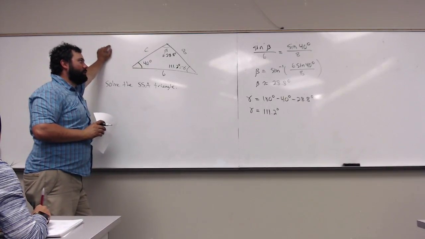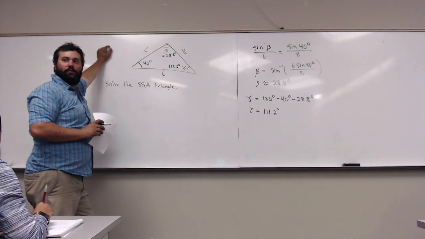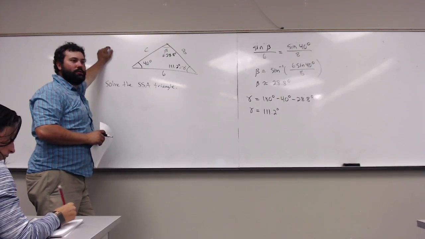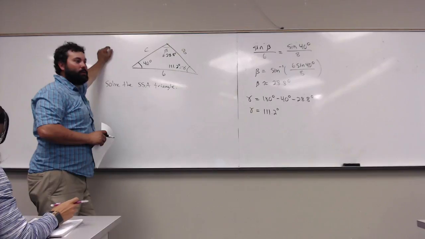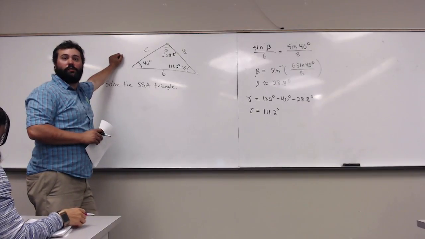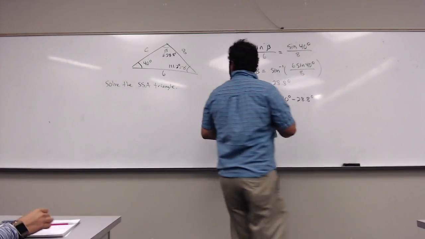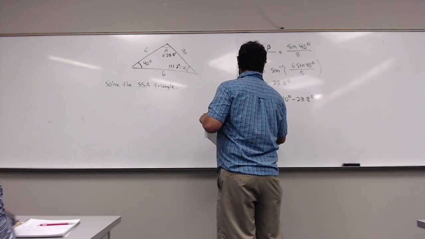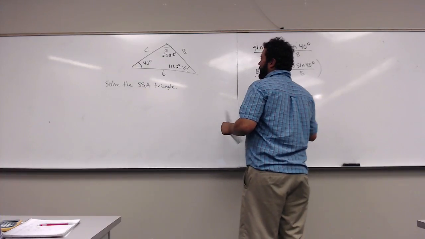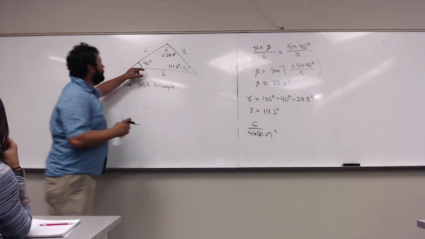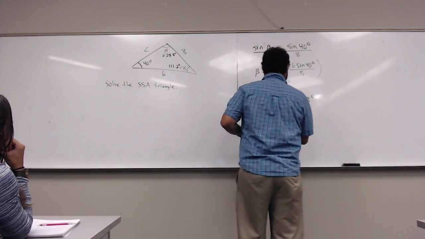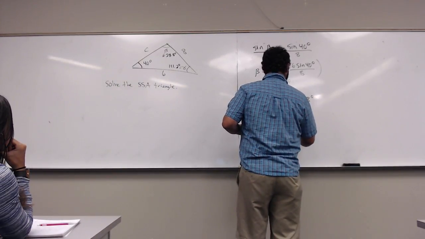Now, could I technically use law of cosines here if I wanted to? Yeah, I could, but really there's no need if I already have law of sines. But here you have a choice. I could use law of sines or law of cosines. So if I use law of sines, I'll do it this way. C over sine 111.2 degrees, and I'm actually just going to use the original angle inside we already had, so 8 over sine 40.